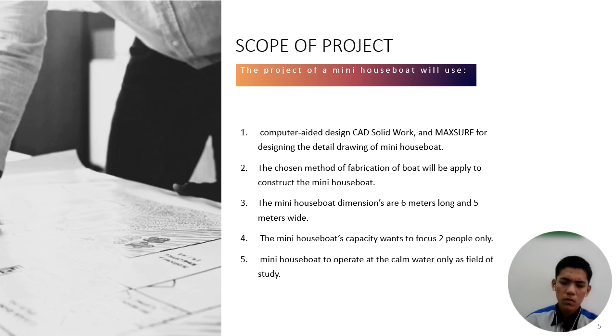Then the mini houseboat dimensions are 6 meters long and 5 meters wide. The mini houseboat capacity will focus on 2 people only. And finally, the mini houseboat will operate in calm water only as a field of study.